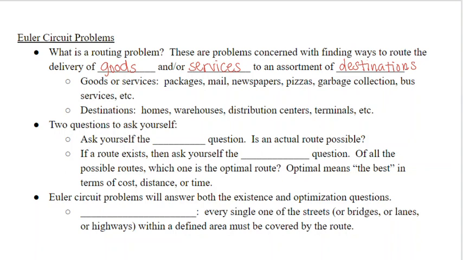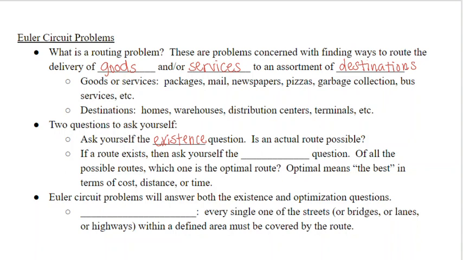So, in general, we have 2 questions to answer when we're looking at these types of problems. The first is the existence question. First of all, is an actual route possible? So, is it possible to cross all 7 bridges in Königsberg exactly once?